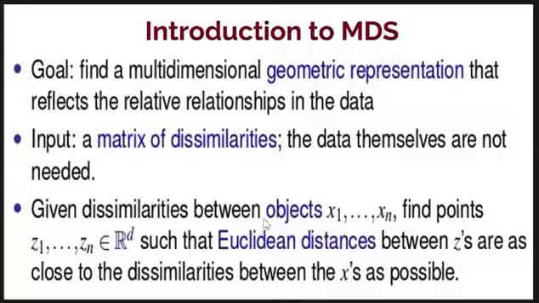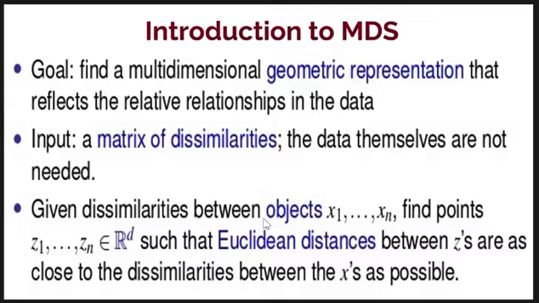We actually want to reflect the same relationship that the objects have in their original higher dimensional space, and reproduce that same relationship in a lower dimensional space. The difference this has with PCA is the input data.